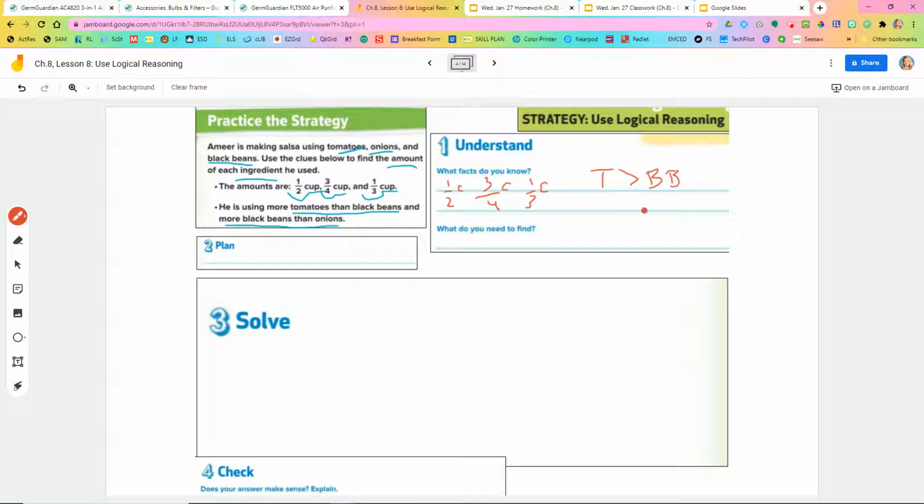Right? More tomatoes than black beans. Then it says he uses more black beans than onions. All right. So all I did was write this sentence in a math way. More tomatoes than black beans, it's greater. Tomatoes are greater. And then more black beans, they're greater than my onions.